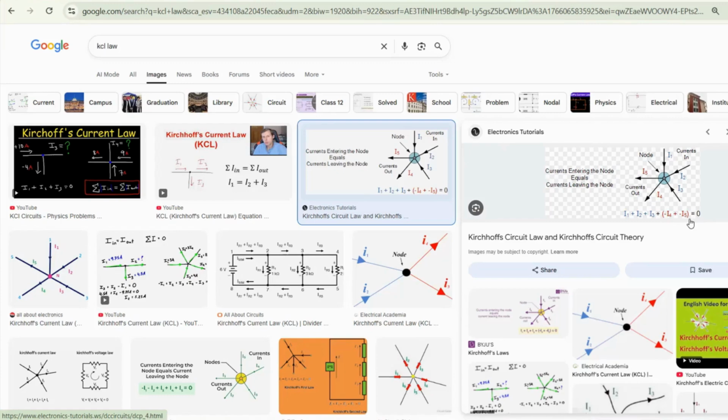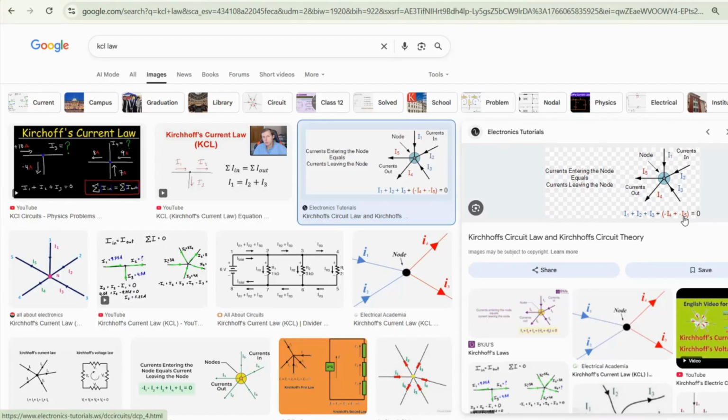Whatever the minus currents are there, minus I4 and minus I5, transfer them to the right side. Initially, they are at the left side. Transfer these two, I4 and I5, to the right side. It means I1 plus I2 plus I3 equals I4 plus I5.